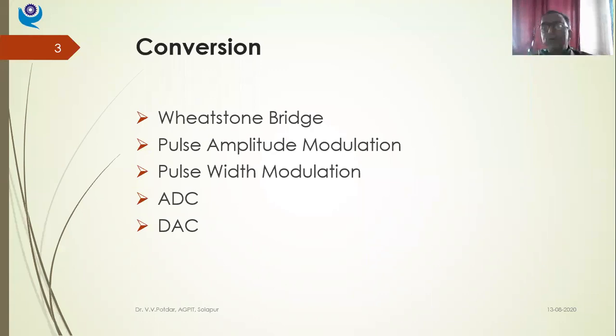So what kind of conversion is happening through the Wheatstone bridge? Resistance change is getting converted to voltage change. Now this voltage that I am getting may be an analog voltage. By using an A to D converter, I can convert it into a digital voltage, which is to be displayed, let us say. So this is how we have already studied the Wheatstone bridge.